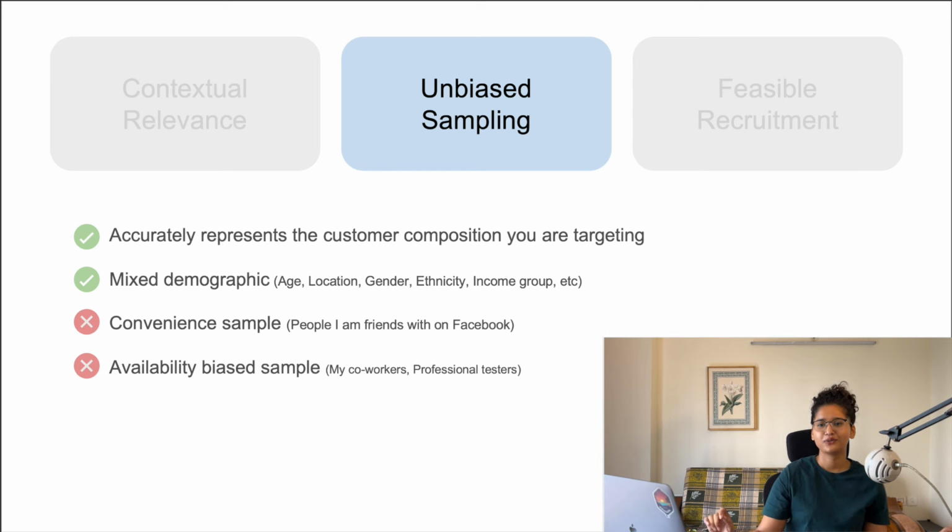Another thing we want to avoid is availability bias. For example, people that are available, I'll just speak to them. I'll speak to my coworkers. I'll speak to professional testers that test only to make a side income, or I will speak with people in the UX industry because they are the most accessible to me. So for ease of recruitment, people try to reach out to the first available person for their research study.